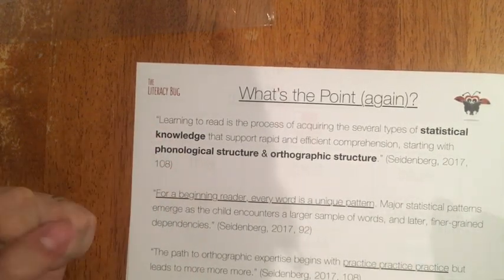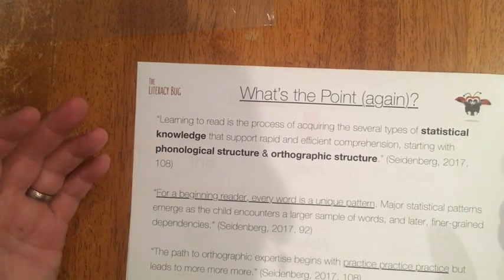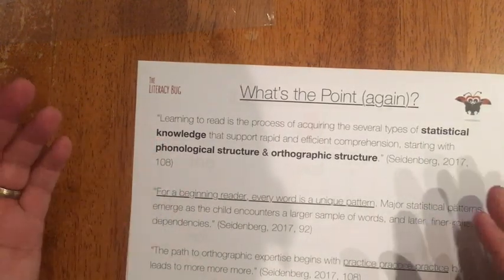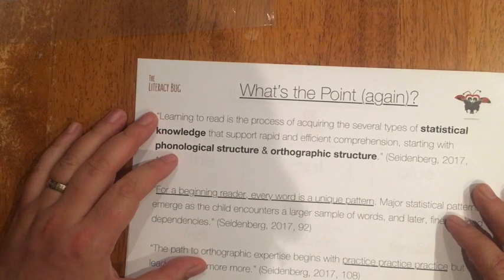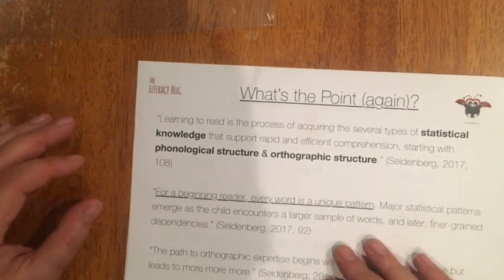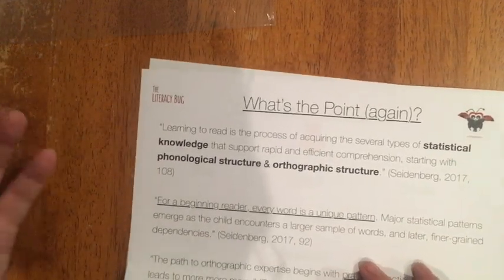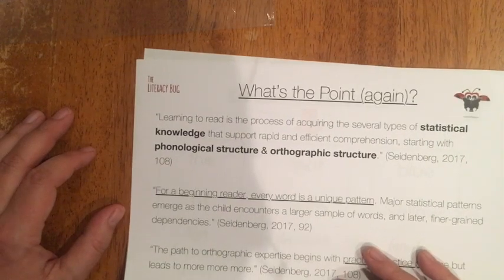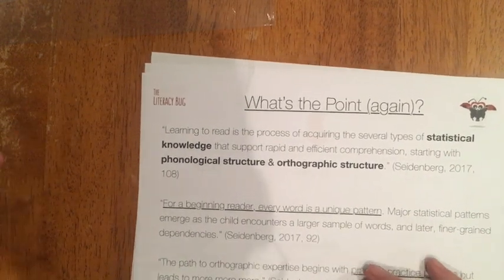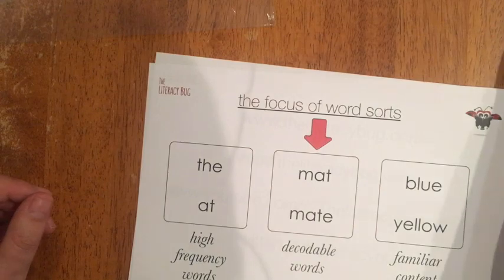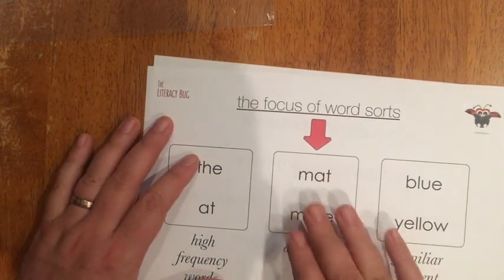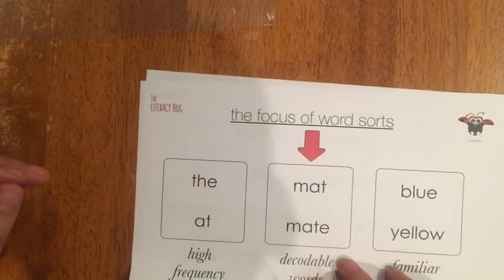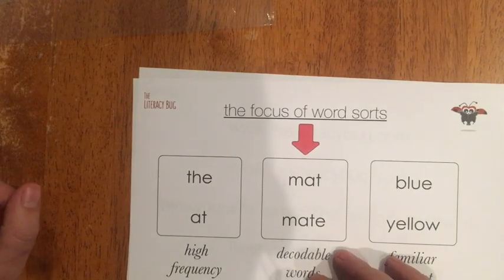I'm reading it, it's not a word that I know, but I can attack that word with confidence that I can get close or exactly spot on because of the structural knowledge that I've gained over time. So, focus has been on decodable words. I don't want to say anything more there, but you need to have a mixed program.